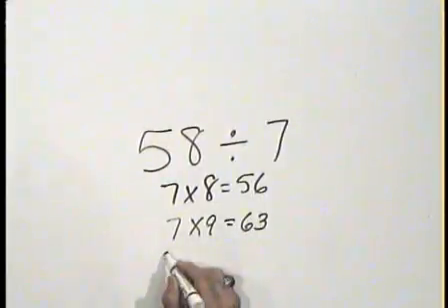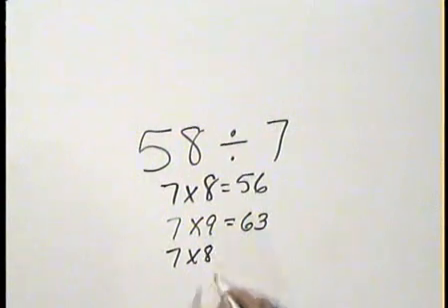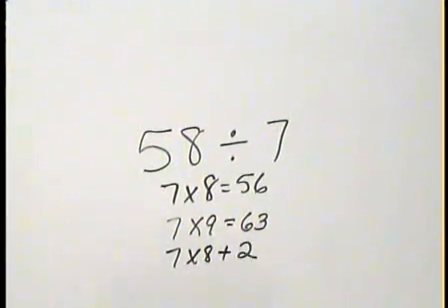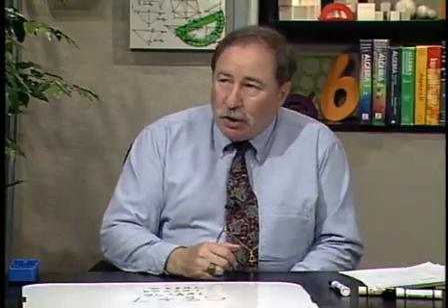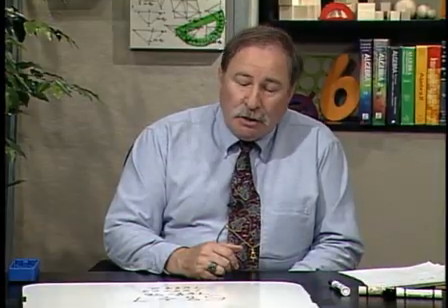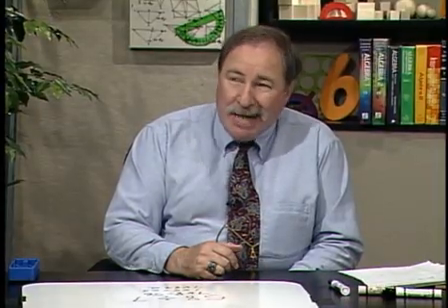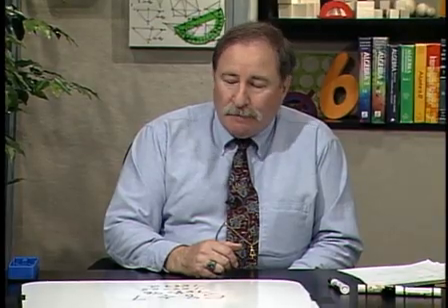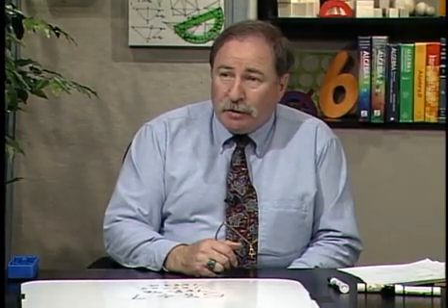Obviously, 7 times 8, 56, and we have to add 2 more to get to 58. 7 times 8 plus 2. So thus the answer to our problem, 58 divided by 7, would be 8 with a remainder of 2. Since 7 times 8, 56, plus 2 is 58.